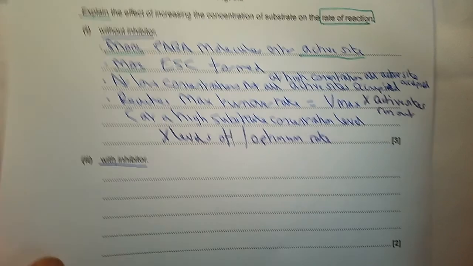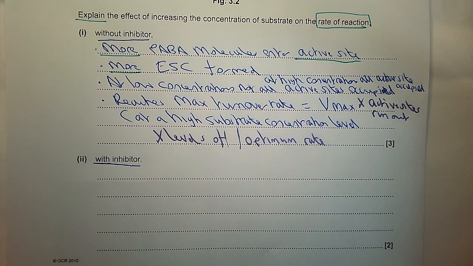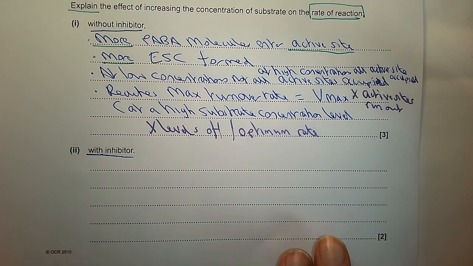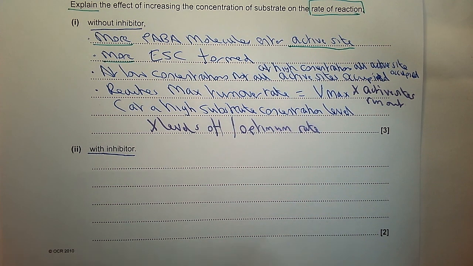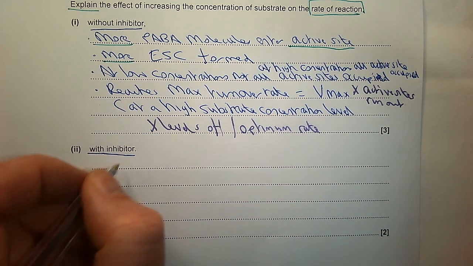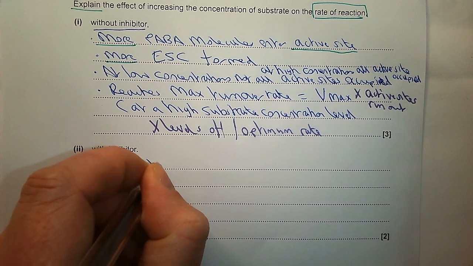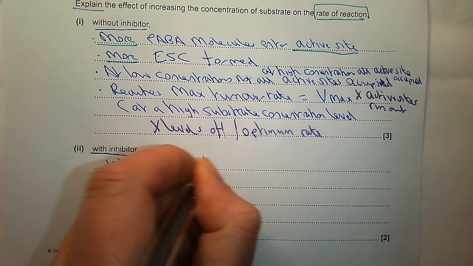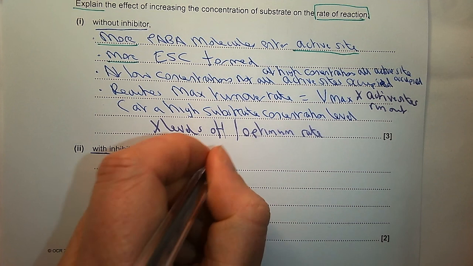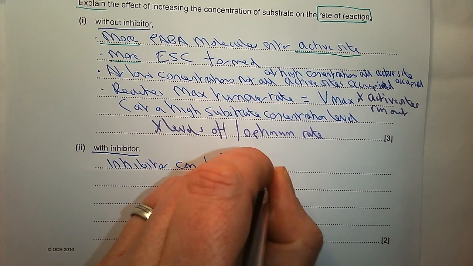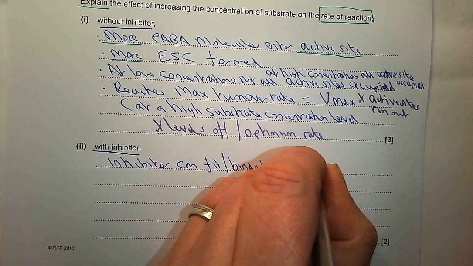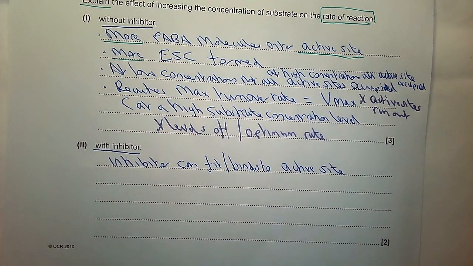So with an inhibitor, as I said before, the sulfonamide is a similar shape to the active site, therefore it can fit into the active site. So we need to say that the inhibitor can fit, or it binds to, the active site.